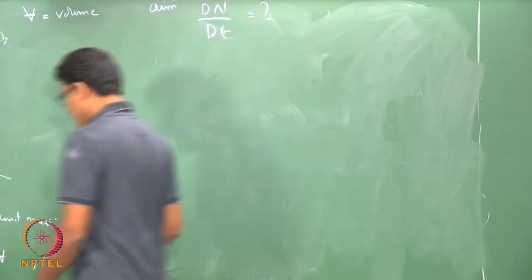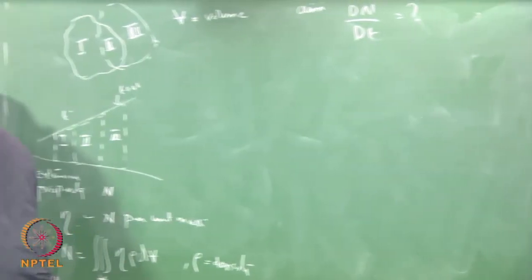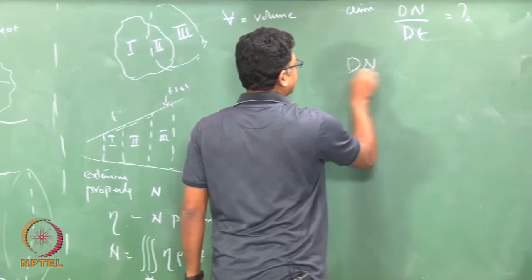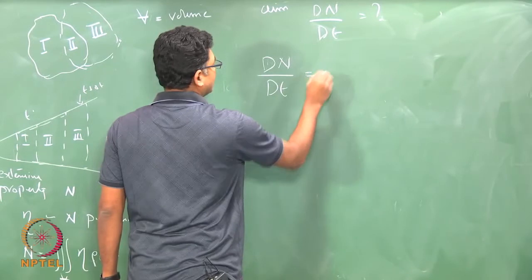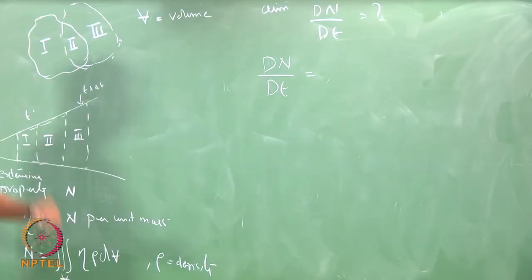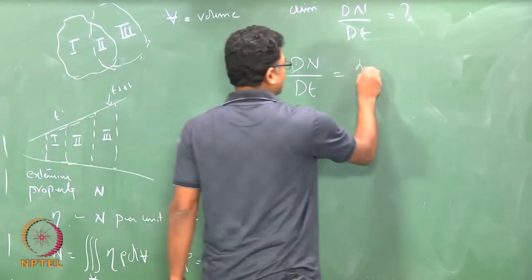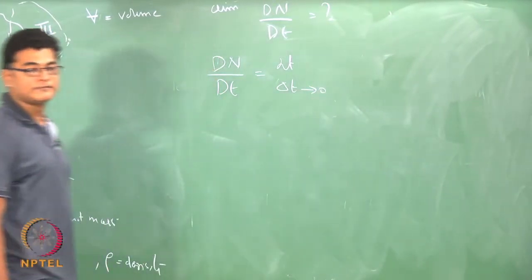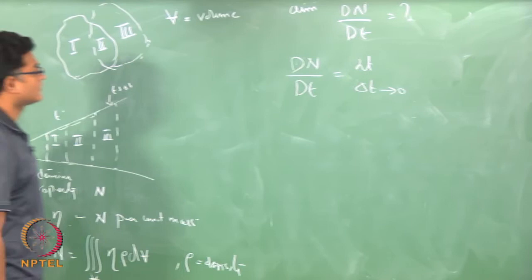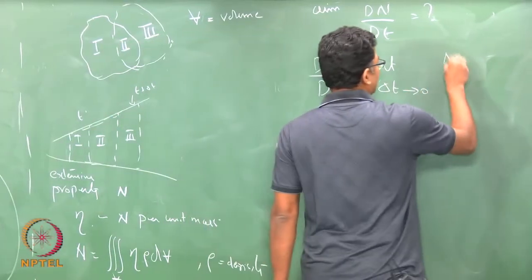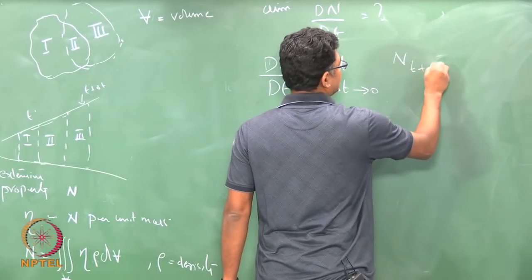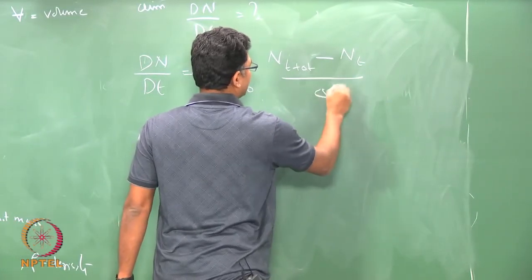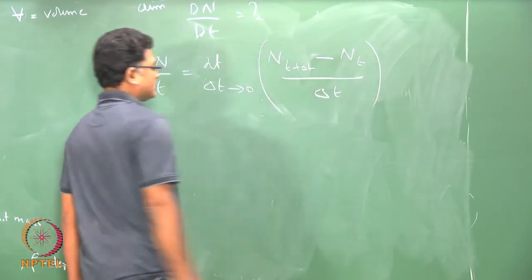Now, from fundamental calculus, I can define dN by dt to be the limit as delta t tends to 0 of N at t plus delta t minus N at t, divided by delta t.